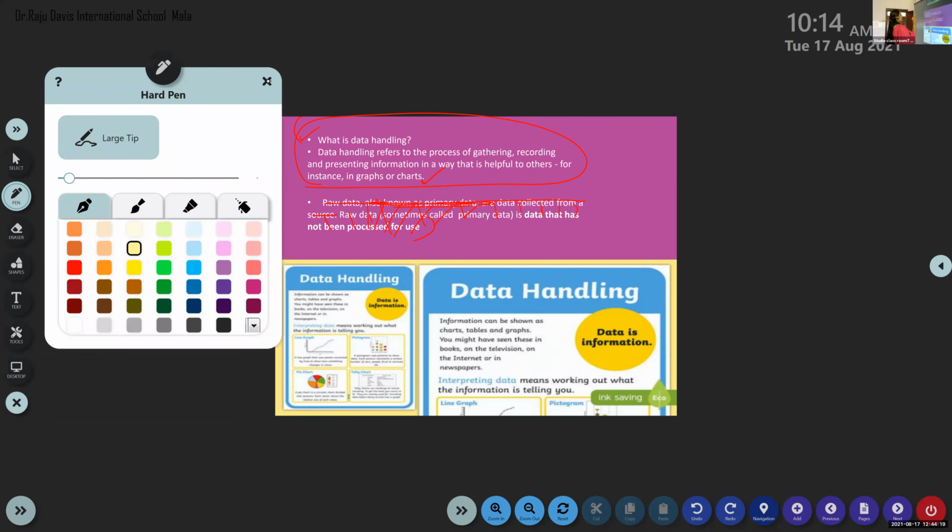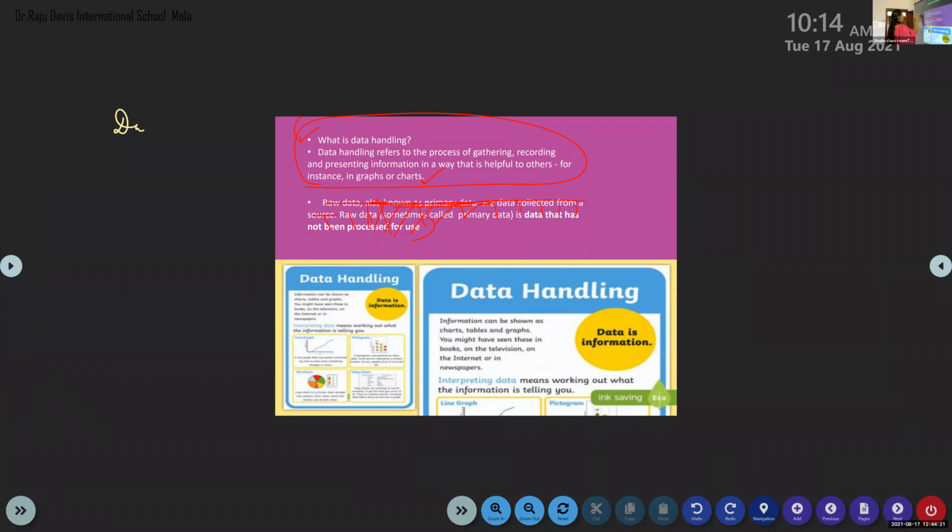Write the data definition. Data is a, you will start writing, child. We don't have to write the second paragraph now. No need.